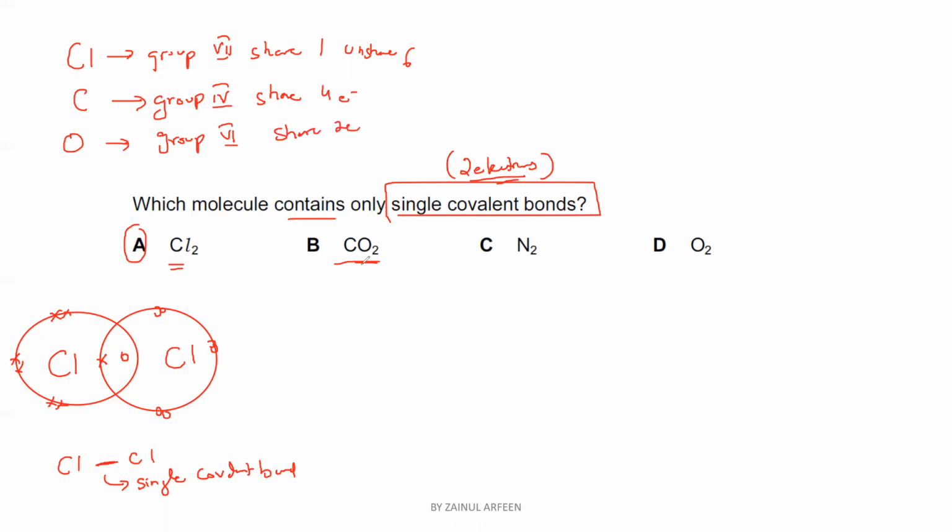So if we want to draw the structure of carbon dioxide, because the carbon is sharing the maximum number, carbon should be at the center and surrounded by oxygen. Then we start the sharing with the neighbors, the surrounding atoms. So oxygen is sharing 2. If this oxygen shares 2, carbon will share 2. The other oxygen will share 2, carbon will also share 2.